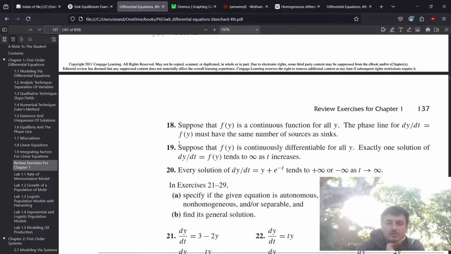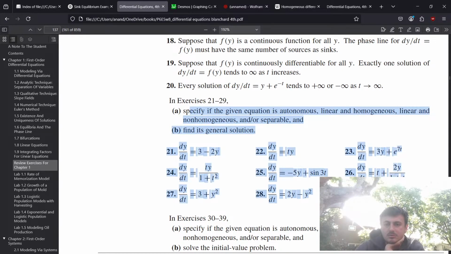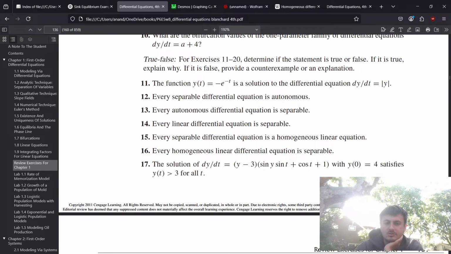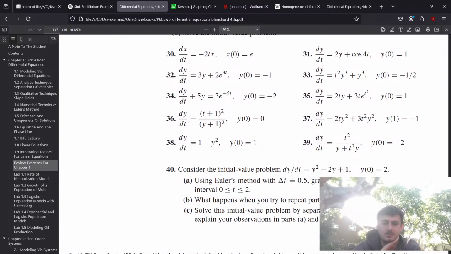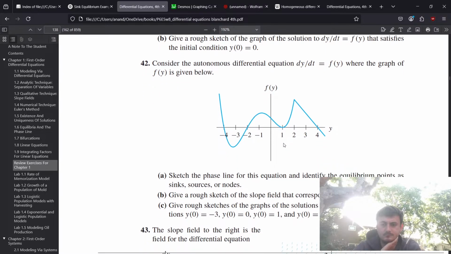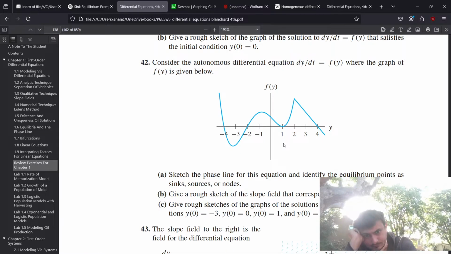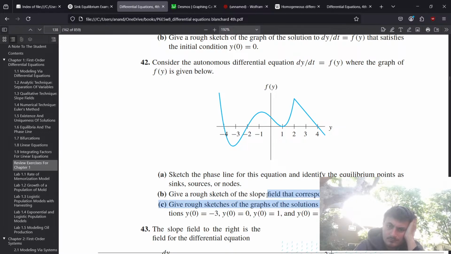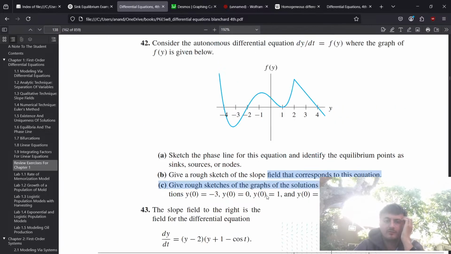How many are there? Well, there's a lot on the linear. $42 is pretty weird.